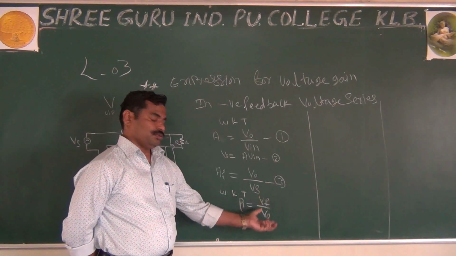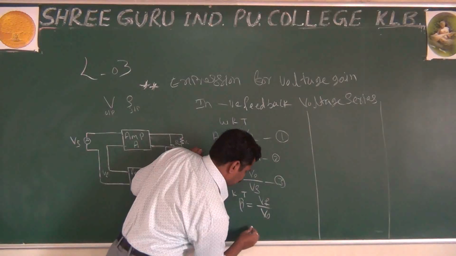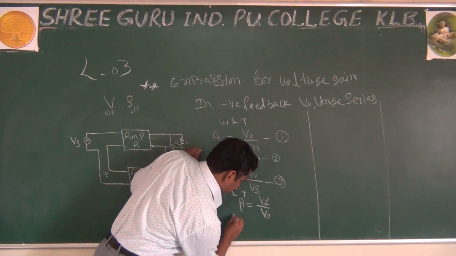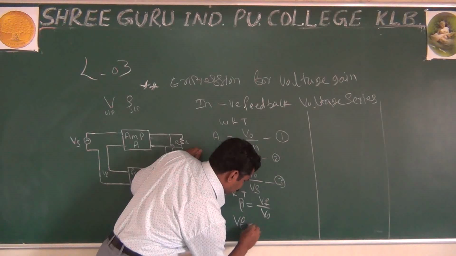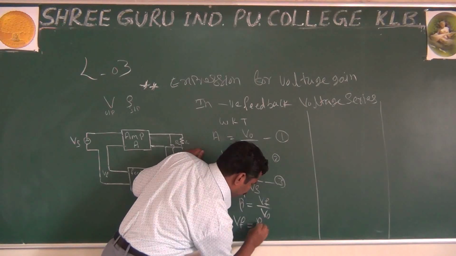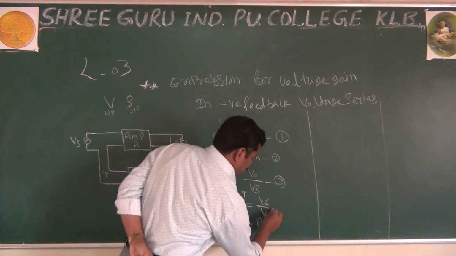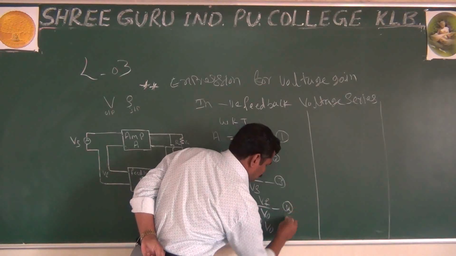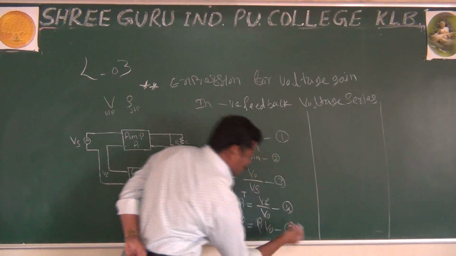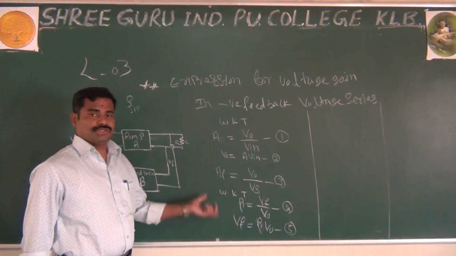You can also write Vf equal to beta into V0. Maybe this is your fourth equation, and this may be the fifth equation. It is not necessary to number them. Then this is the basic knowledge.